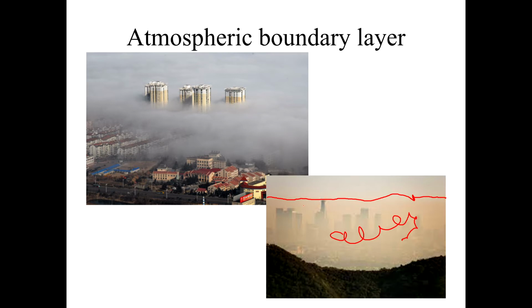So below it, the air is reasonably well mixed because solar energy heats the land. Then the land heats the air and the air rises, but then as it cools, it drops back down. And so you get this convection that mixes the air in this lower part of the troposphere. But then up here, the temperature is fairly constant and there's not as much mixing.